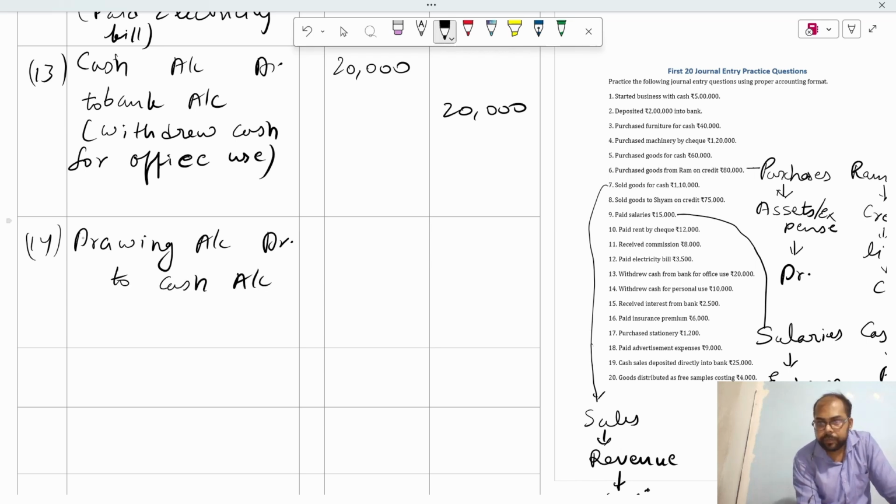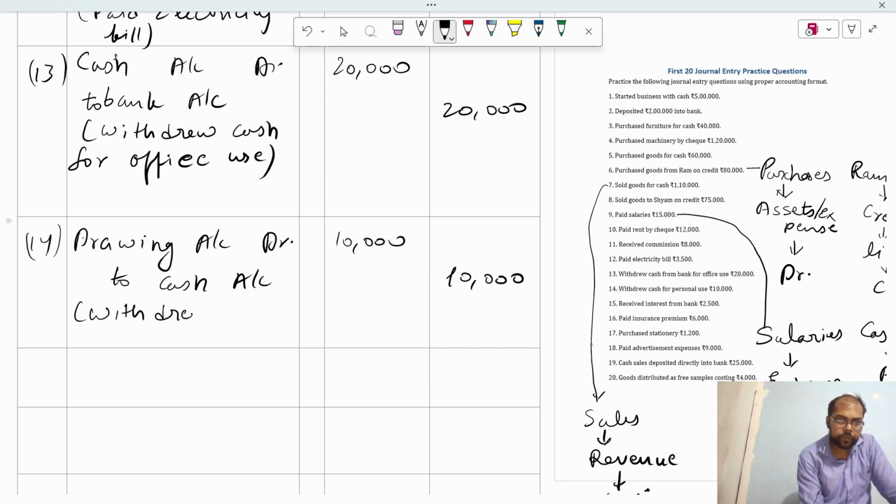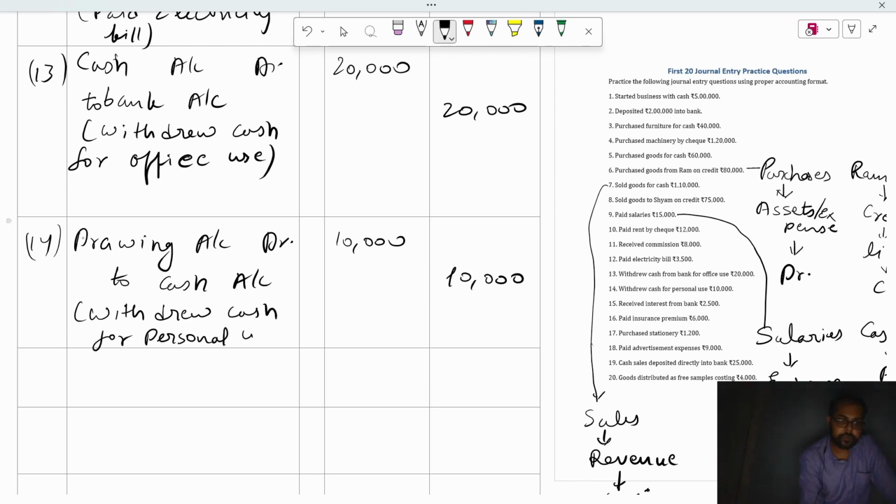The amount is rupees 10,000. So, the narration is withdrew cash for personal use.